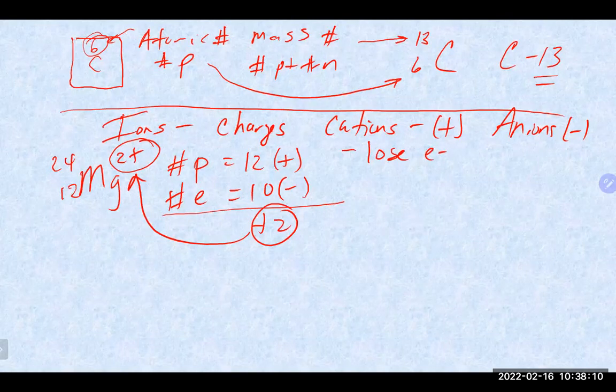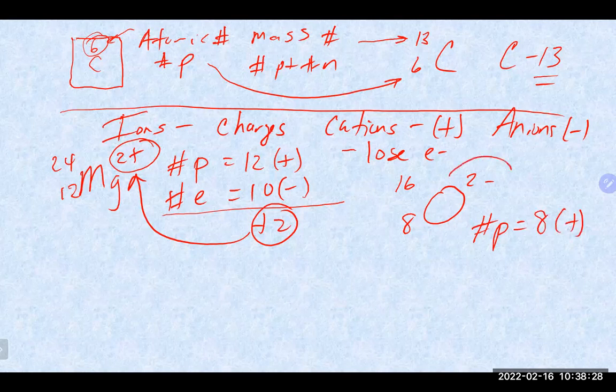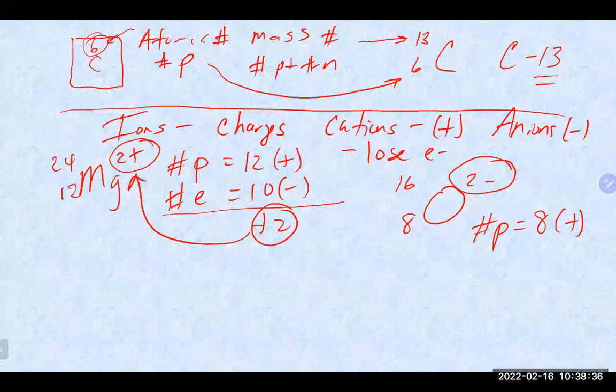The anions are different. Basically, they're going to gain electrons. So if we look at, say, oxygen here with a -2 charge, and we'll do 16, for example, this oxygen in terms of protons would be the atomic number, which is 8. It has a -2 charge, so the minus means that it gained electrons, and the 2 is how many it gained from a neutral oxygen.